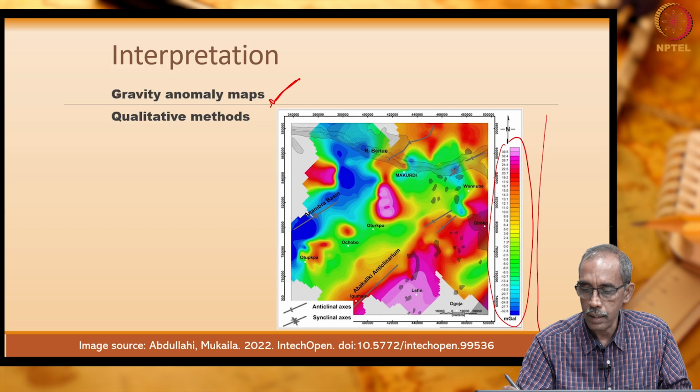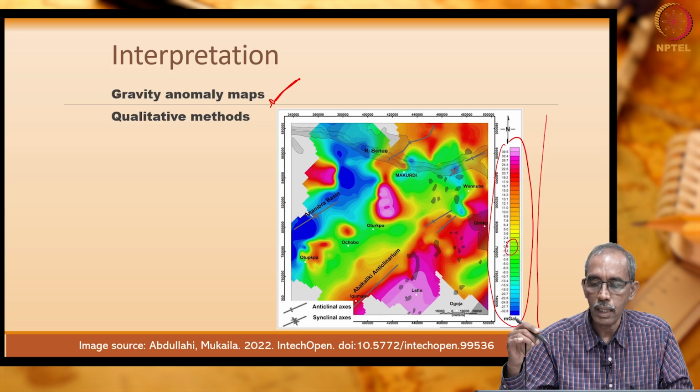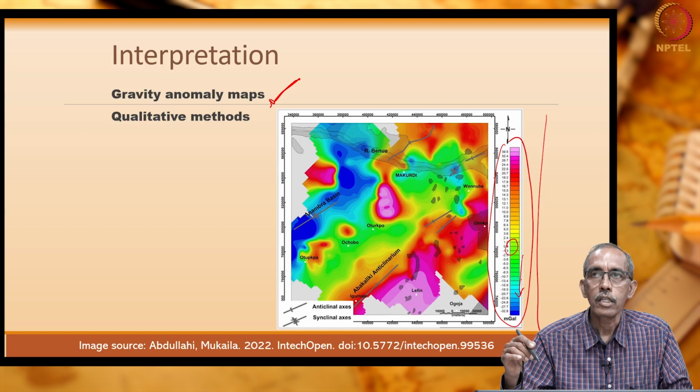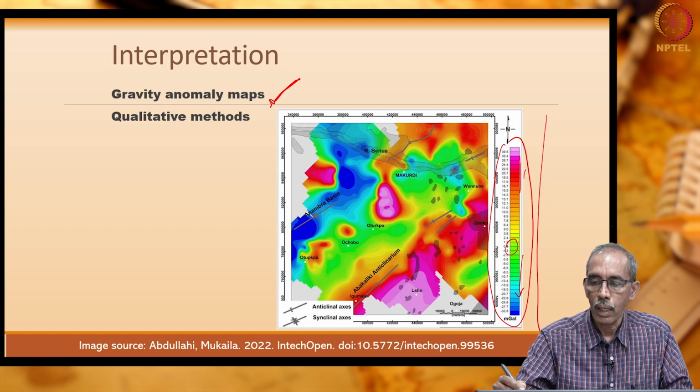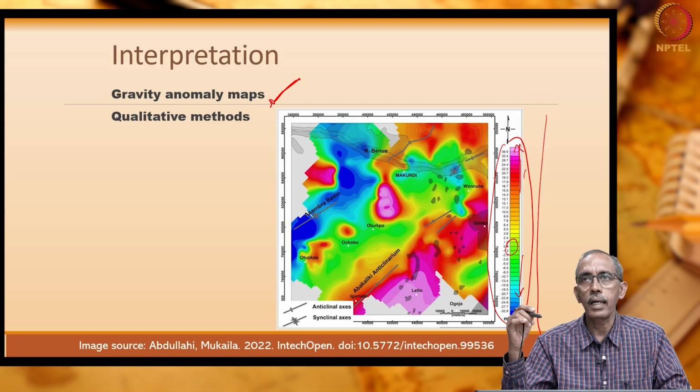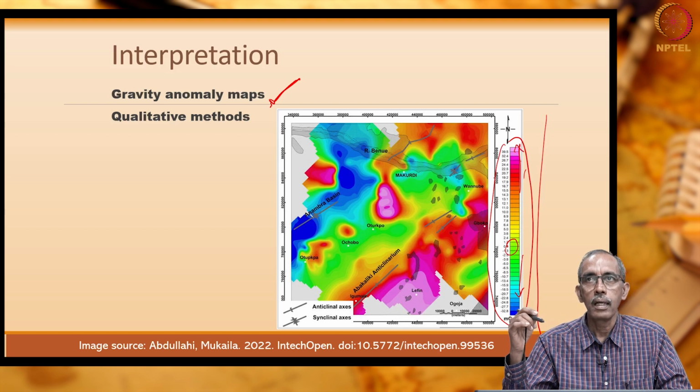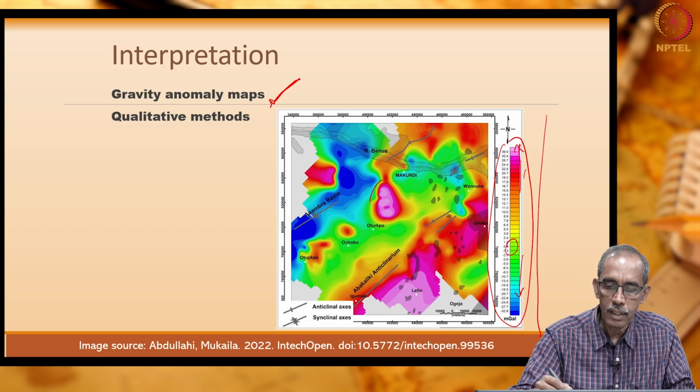Here, all this green is like a base station. All the colors, especially blue colors, cool colors, are negative, and all the dark colors, especially dark red and violet, are positive anomaly. So, from the picture itself, we can understand the region which is having dense material.